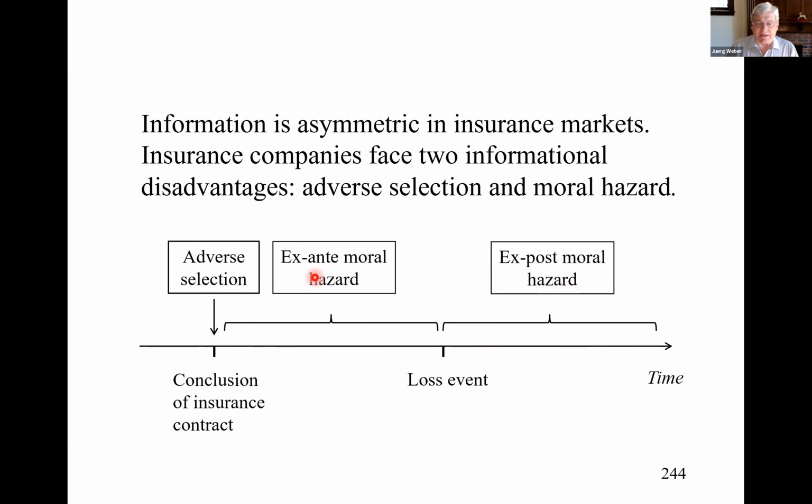We speak about ex ante moral hazard, that's before the loss event. Maybe the loss event is that your house burns down or the car gets stolen. And then ex post moral hazard happens after the loss event. Ex ante is just the Latin word for before, and ex post is just the Latin word for after.